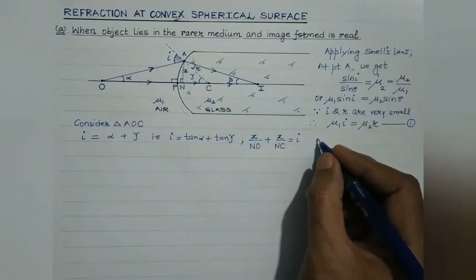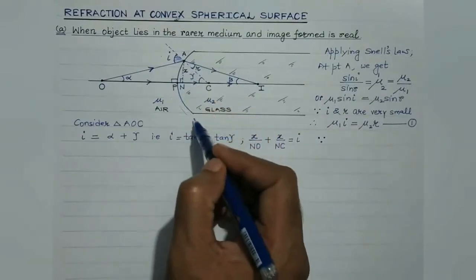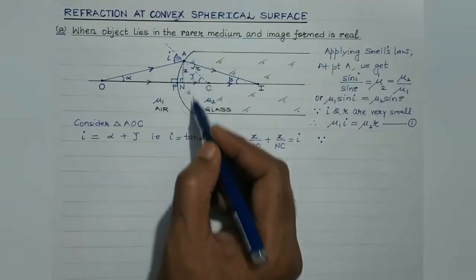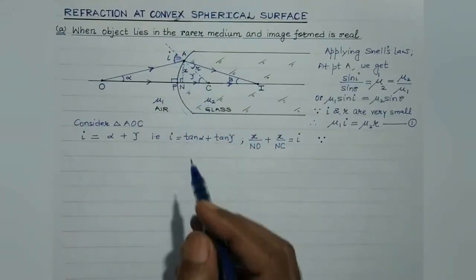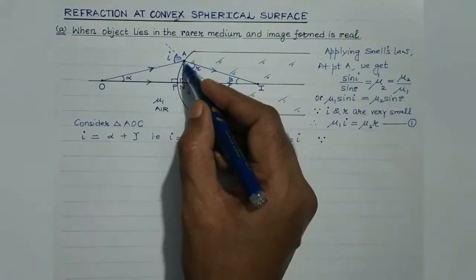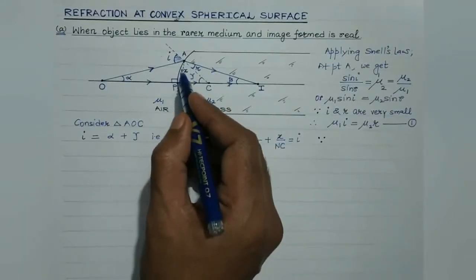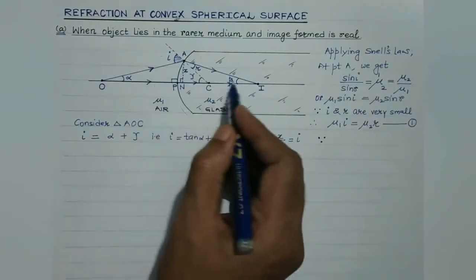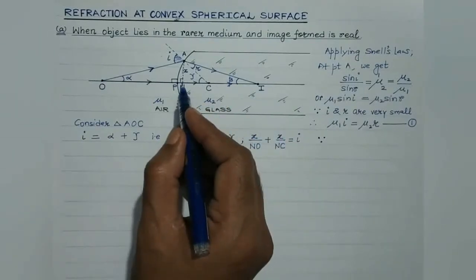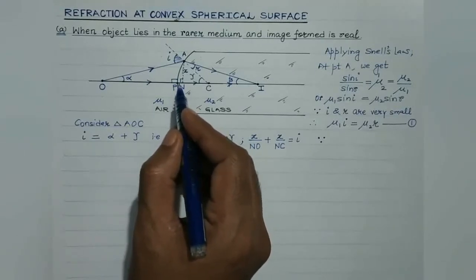Now, students, since the aperture, again in assumptions we have considered the aperture, that is the size or the diameter of the refracting spherical surface, is considered to be small, in practice this point A lies very close to point P. Therefore, if you drop the perpendicular from A to the principal axis, then this point N will lie infinitesimally close to point P. So as a result, points N and P may be considered to be coincident.